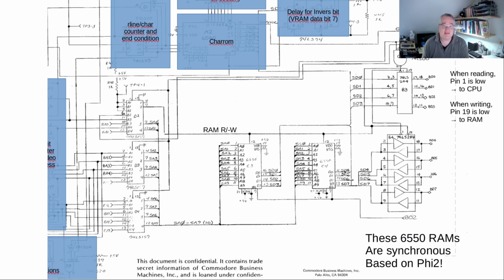So select 8 is actually a positive logic, so it's high when the CPU selects the video RAM address. So when the video RAM address is selected and read not write is high, then we have pin 1 low, which is going to the read to the CPU.